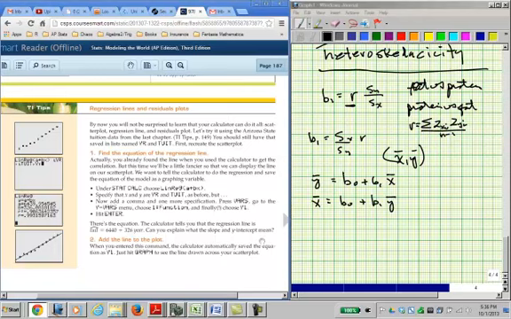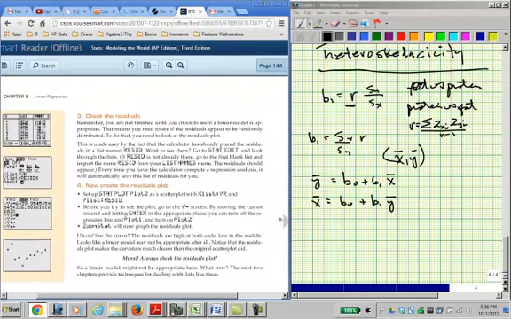The thing that we didn't do, and I'll go through this in a second, is we didn't go through plotting the residuals. But it shows you how to find the residuals here. Then here's what I was talking about. Here's a plot of the residuals.